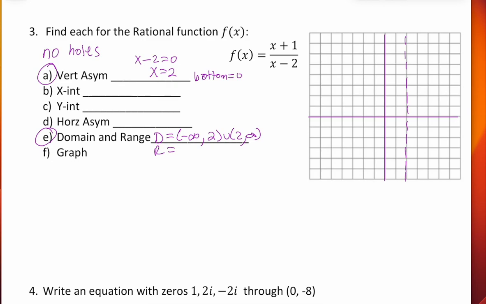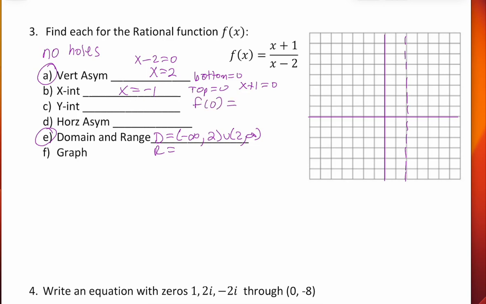Our x-intercepts, as long as it doesn't have a plus or minus number on the outside, is always where the top equals 0. So x plus 1 equals 0 when x equals negative 1. Y-intercepts are just plugging in 0.